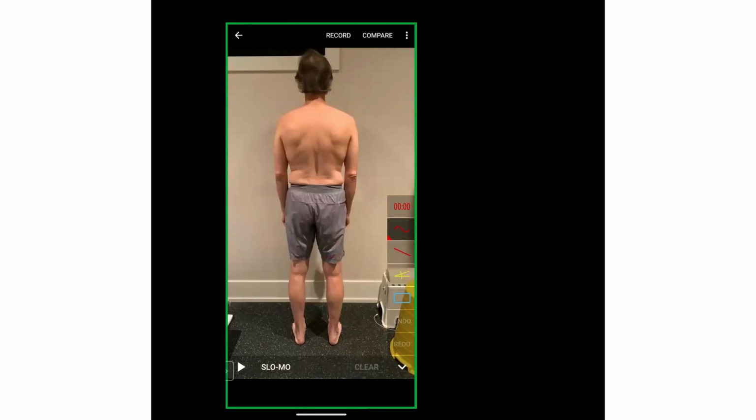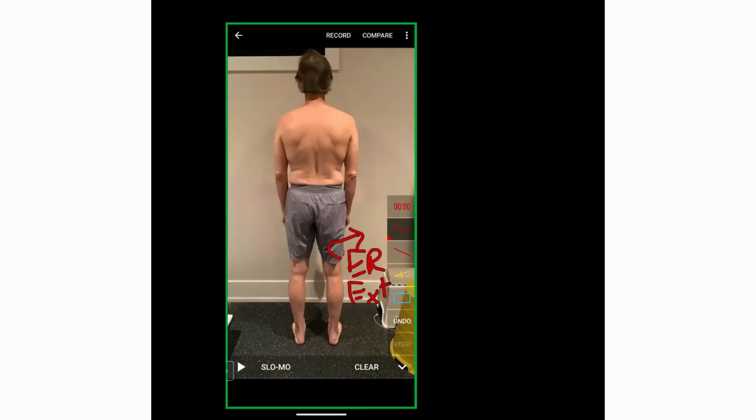And what's interesting about that is that in ideal closed chain mechanics, we shouldn't see a knee that has extension with a femur that's internally rotated. That should not happen. Ideally, with an extended knee, we would see this femur externally rotating and extending at the same time.